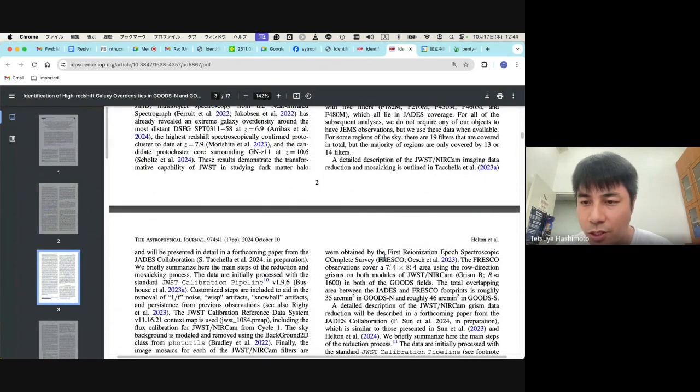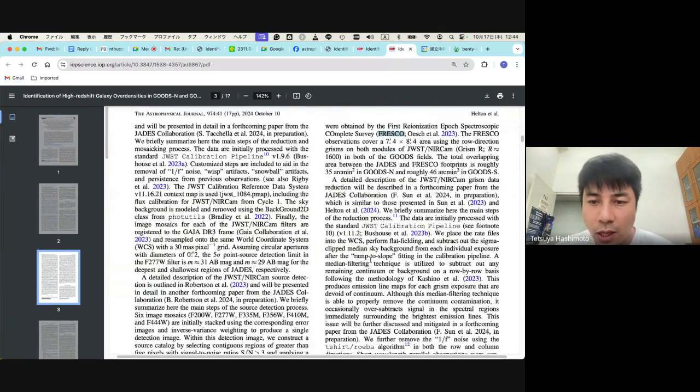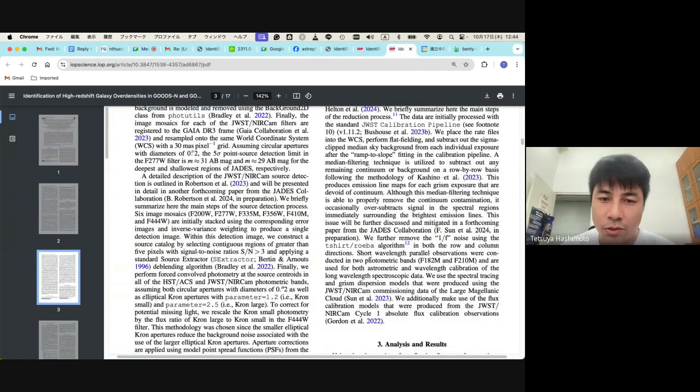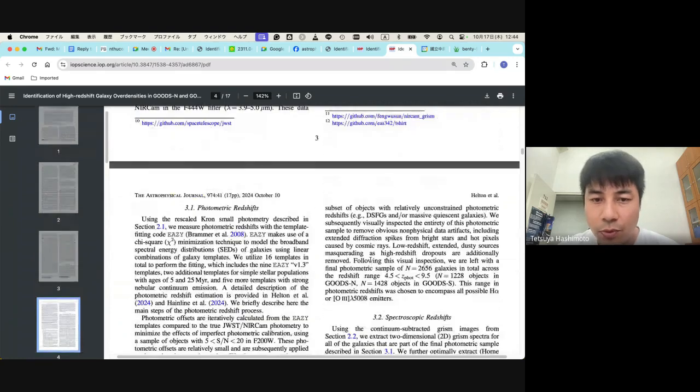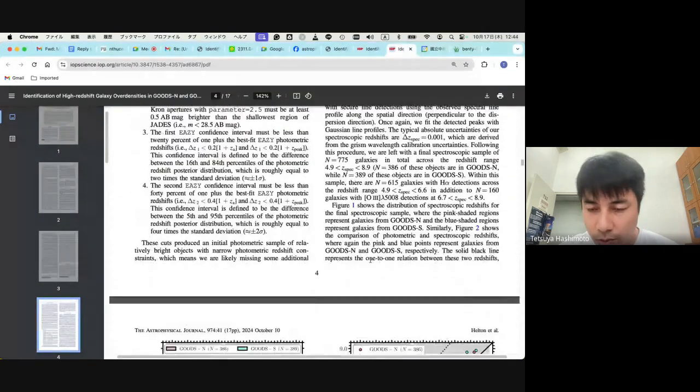I'm sorry, I didn't know this one, but I think it can provide slitless spectroscopic capability. So that means they can take a spectrum for many sources in the same field. So then, let's say they have photometric redshift and also spectroscopic redshift for the galaxy sample observed by JWST.